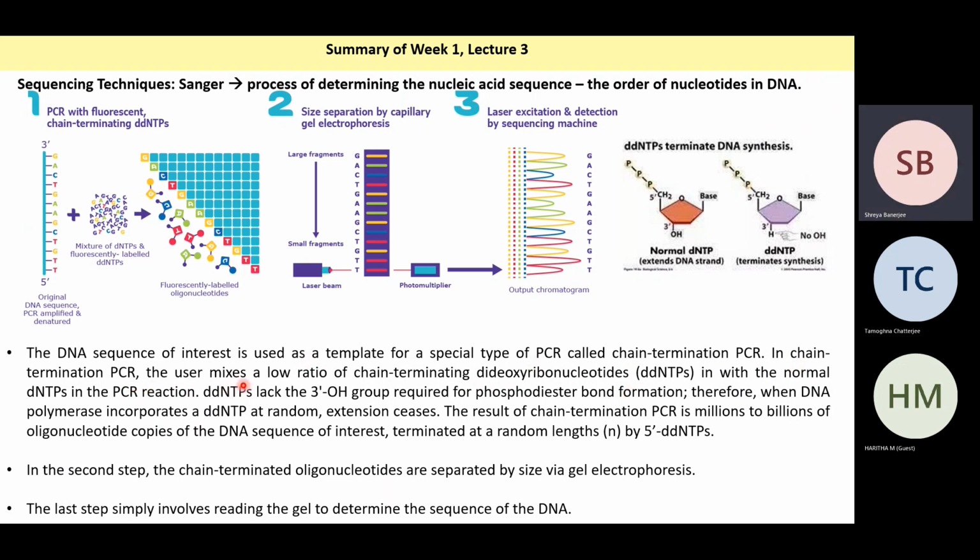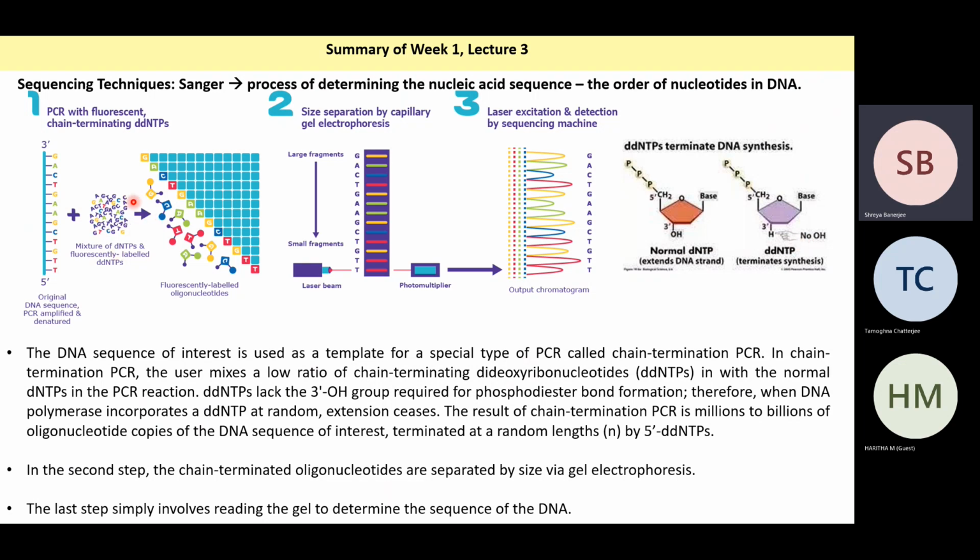In chain termination PCR, you use a low ratio of chain terminating dideoxyribonucleotides with the normal deoxyribonucleotides. So basically, this is the normal deoxyribonucleotide, which is a monomer of the DNA. And here, the OH group at the 3' is removed to form a dideoxyribonucleotide.